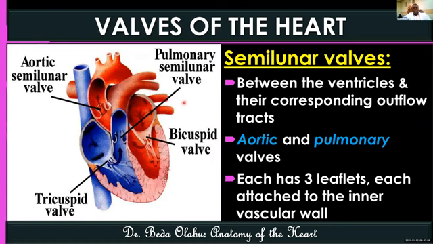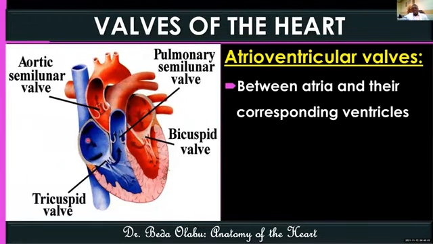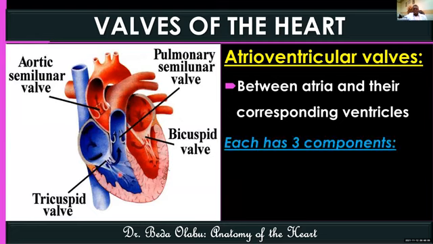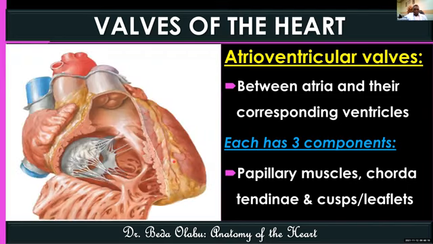Now let's talk about the atrioventricular valves. An atrioventricular valve is a valve between the atria and the ventricle. Each atrioventricular valve has three anatomic components. We have this one, which we call the papillary muscle. The strings we see here are called chordae tendineae, and that membrane there is a leaflet, or you can call it the cusp.